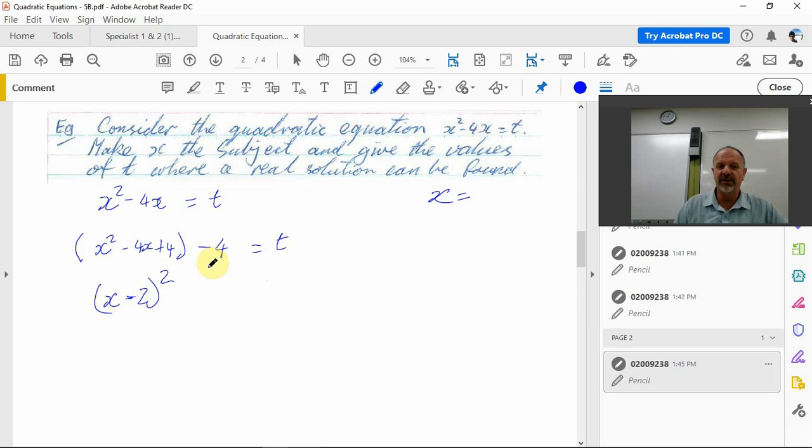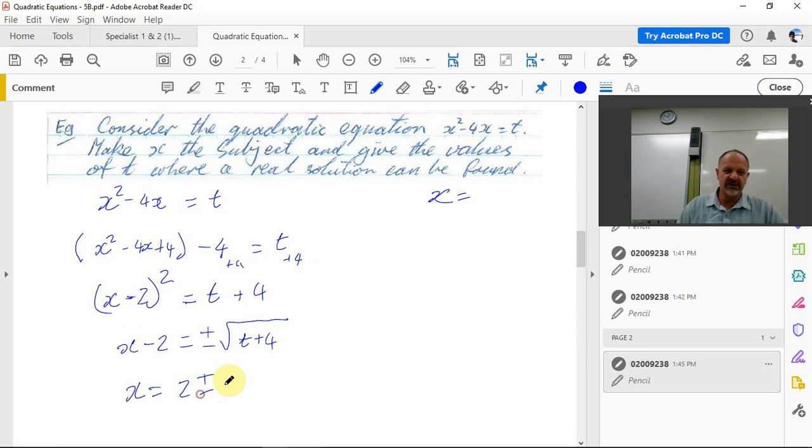Then we can add 4 to both sides. Equals t plus 4. Now we can get rid of the squared sign by square rooting. And don't forget, when we square root, it's plus or minus the square root of t plus 4. Then add 2 to both sides, so x would be 2 plus or minus the square root of t plus 4.